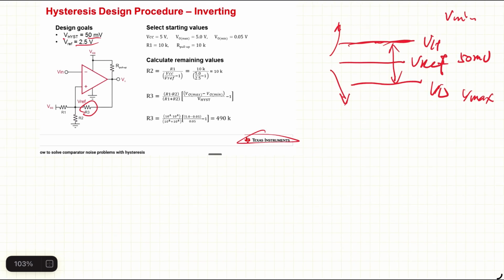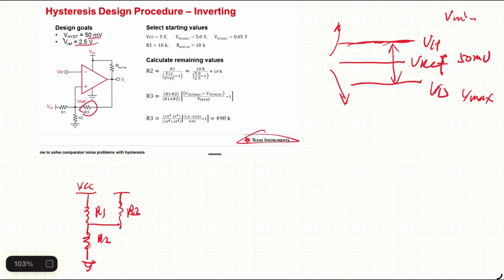To decide R3, what we need is to first draw an equivalent circuit over here. Basically, it's an equivalent circuit with 3 resistors. We have VCC and R1 and R2 going to ground, and another branch we have R3 here, which goes to the output.